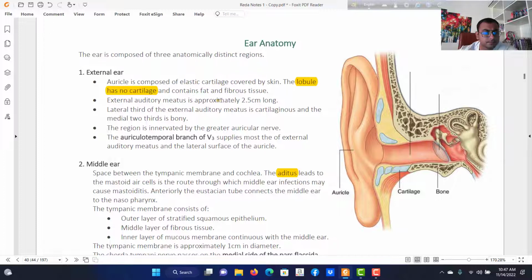Now the ear anatomy. The ear is composed of three important divisions. The first thing you must know is that in the MRCS Part A exam, there is another exam, the DOHNS exam. Recently DOHNS questions were merged with the MRCS Part A questions.